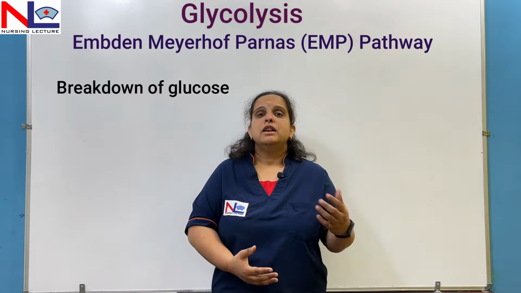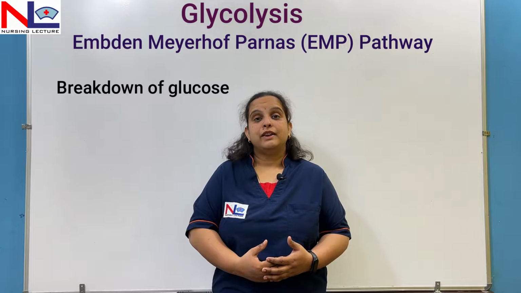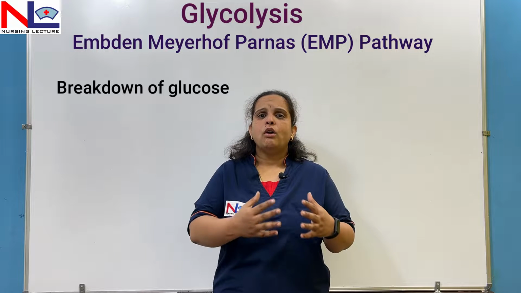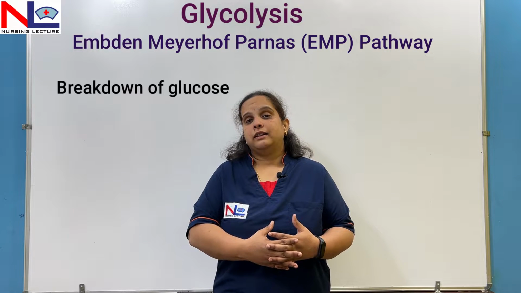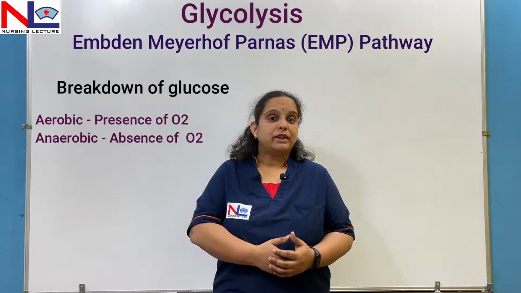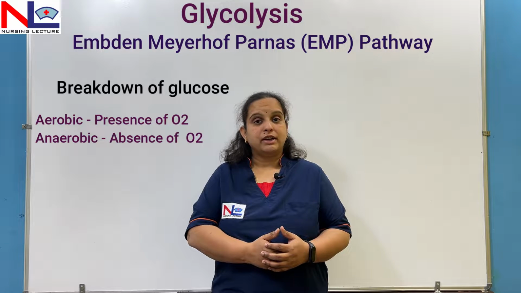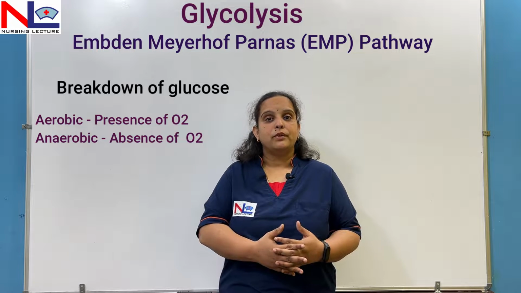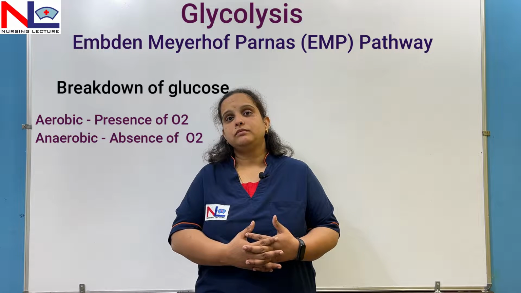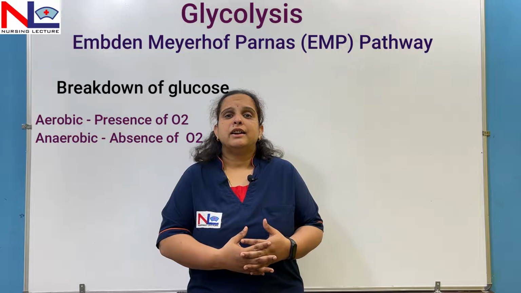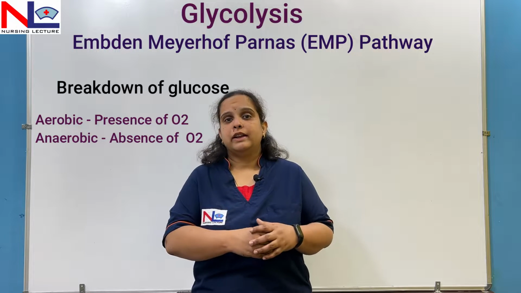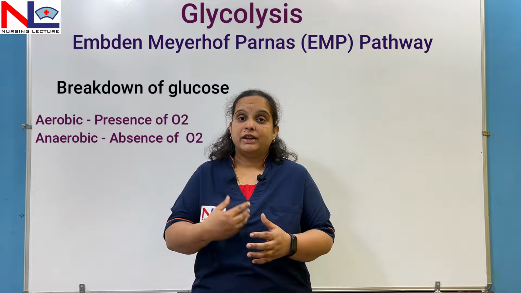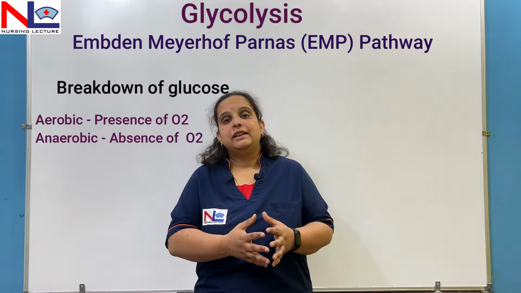The glycolysis pathway is a 10-step reaction that occurs in all living cells, in aerobic or anaerobic condition. It means in presence of oxygen it is aerobic, and in absence of oxygen it is anaerobic. But the end products are different.